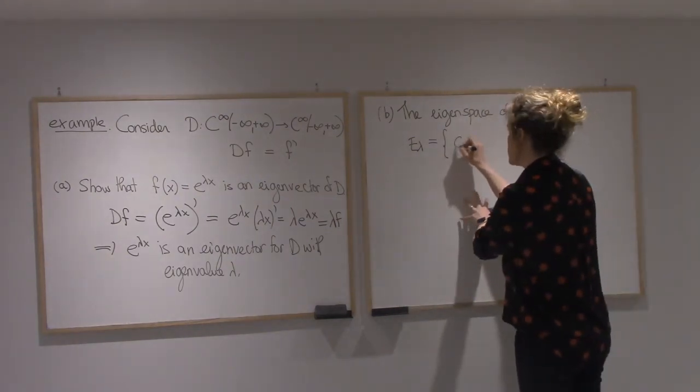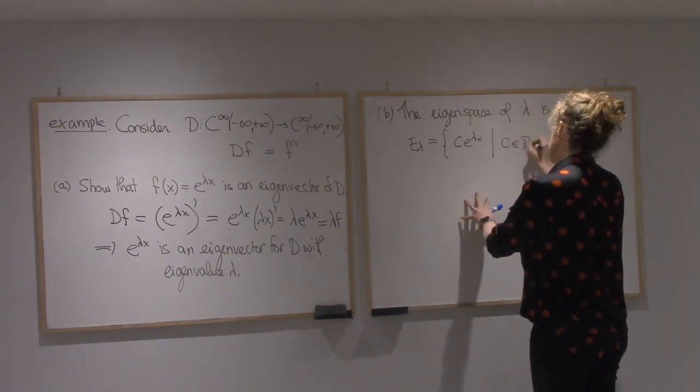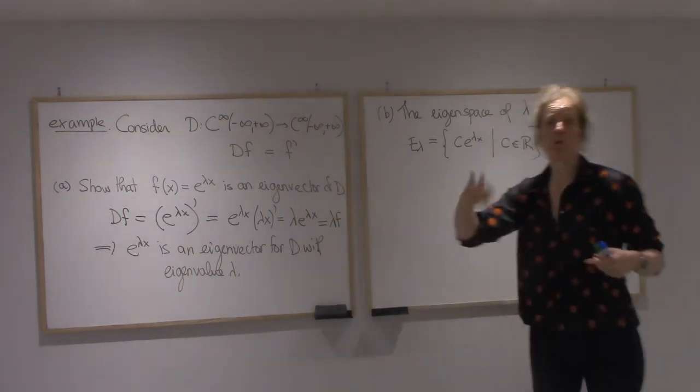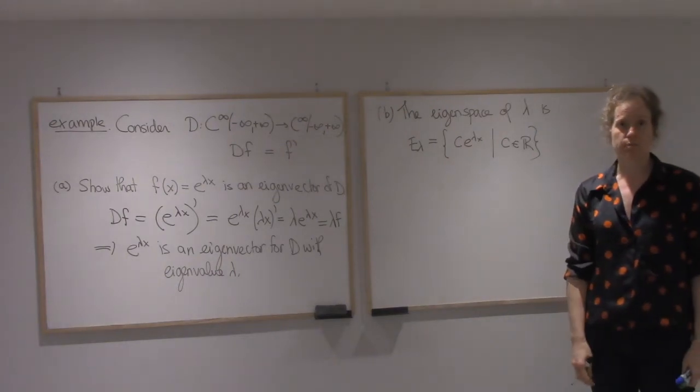So let's take c e to the lambda x for c in R. Alright, so not only did we find one eigenvector, we found enough to generate the entire eigenspace.